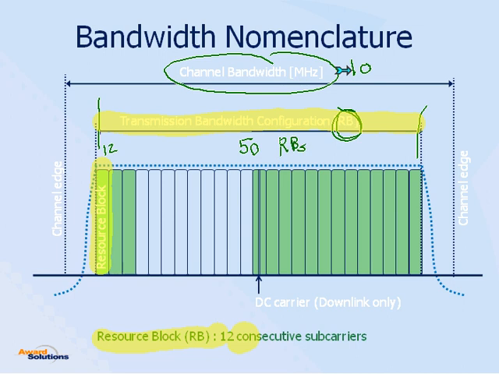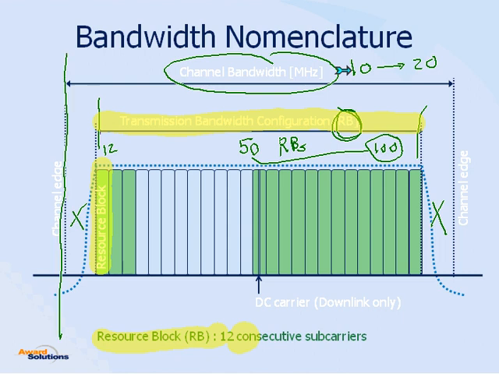And it is scalable. So if you have 20 megahertz, you have twice as many resource blocks, so 20 megahertz would have 100 resource blocks. The number of resource blocks is scalable. That's why we said we are using scalable OFDMA in the downlink and scalable SC-FDMA in the uplink. As you can see from here, we have some portion inside our 10 megahertz bandwidth that we are not using to transmit any subcarrier.